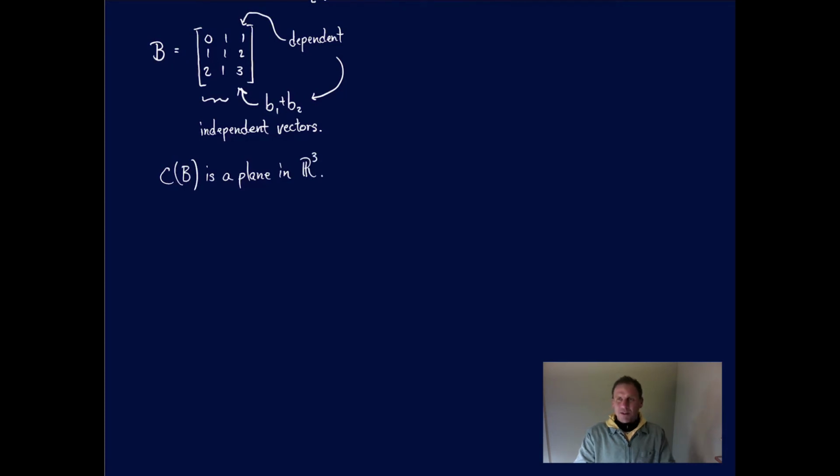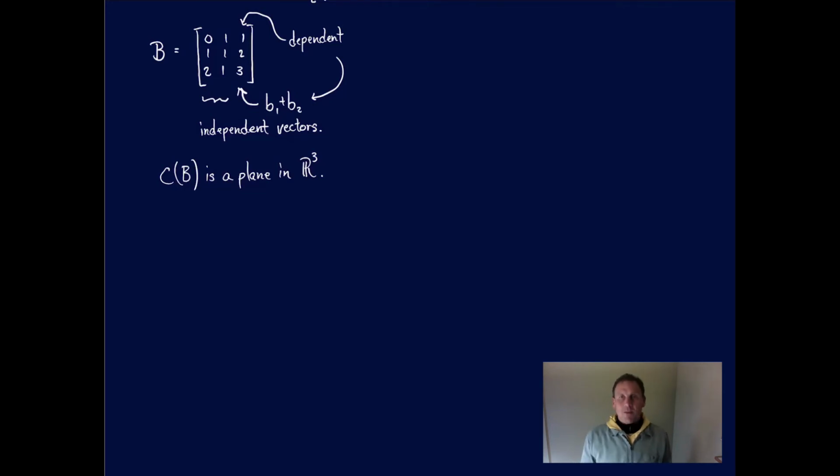Now, a common mistake here is to say, oh, well, plane, that's R2, that's R2 in R3. And that's incorrect, because remember, something in R2 only has two components. We're talking about a space where everything has 3 components. So since there are 3 components, it has to be in R3. So we would say that the column space of B is a plane in R3.